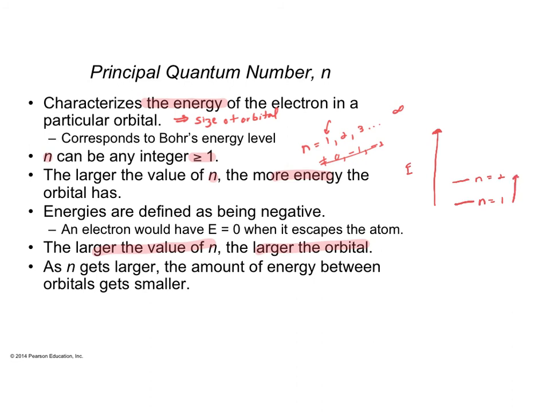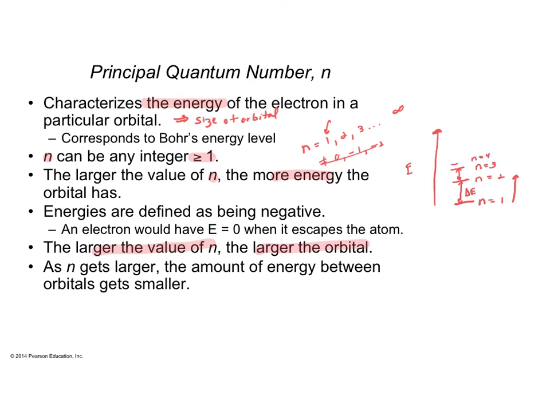Also, as we increase n, the energy spacing between the orbitals is going to get smaller. For example, going from n equal 1 to n equal 2, we get a certain energy spacing. As we move up to n equal 3, the energy spacing between the two levels gets smaller, and it continuously gets smaller as we move out.